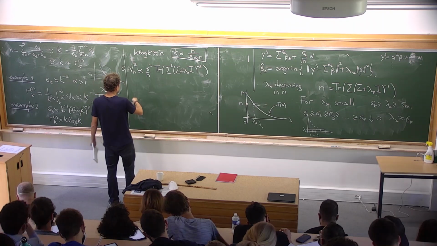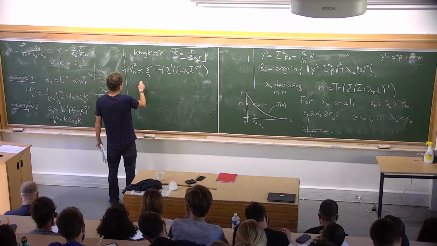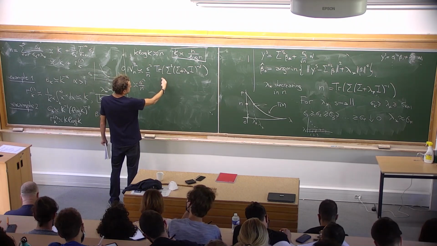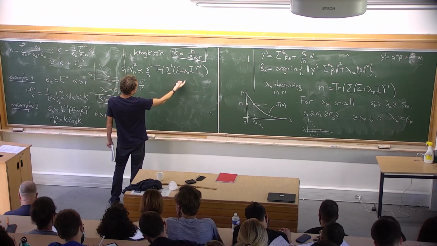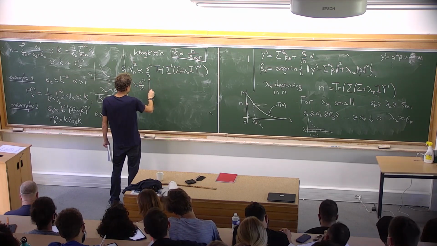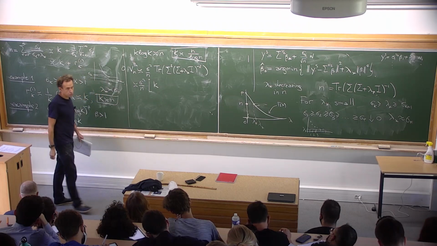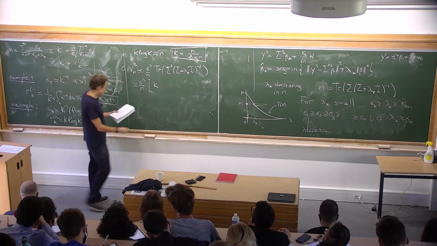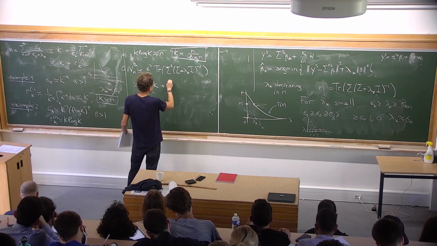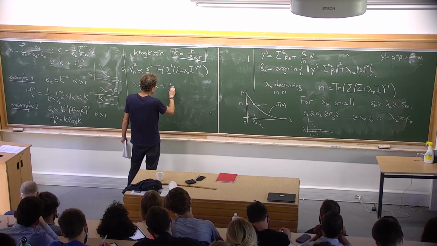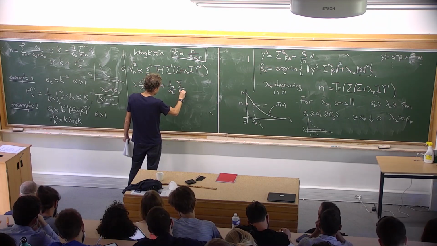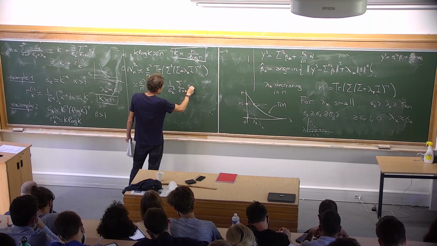In any case, this is the same as sigma square over n, and then I split into the eigenvalues larger than lambda star and smaller than lambda star. The ones larger than lambda star give a contribution that is k. And the other ones give a contribution that is 1 over lambda star, so 1 over sigma k square, and then the sum over all L bigger than k of sigma L square.